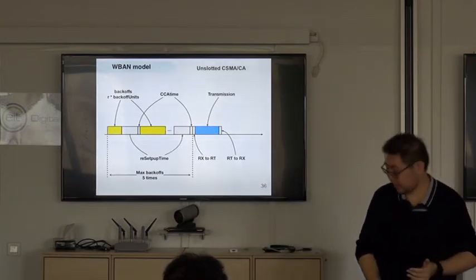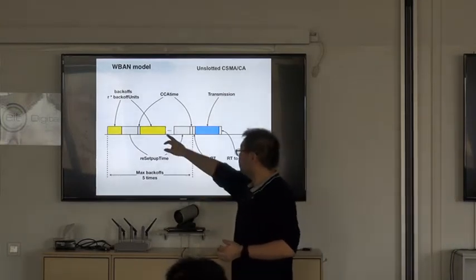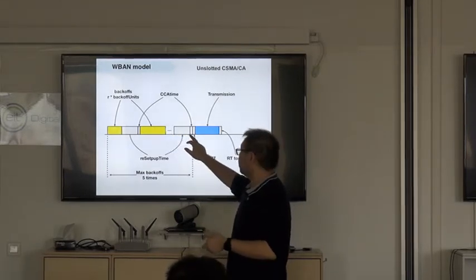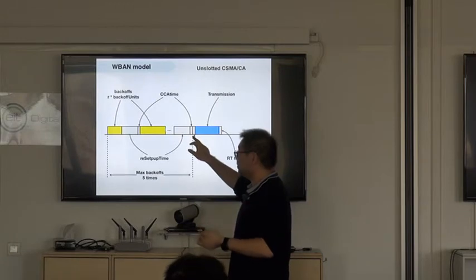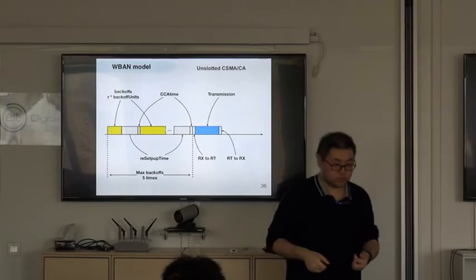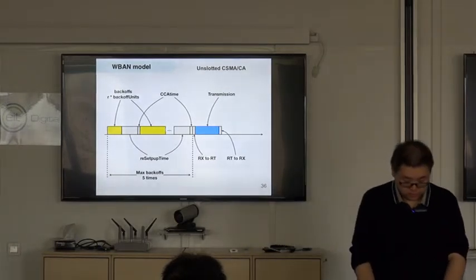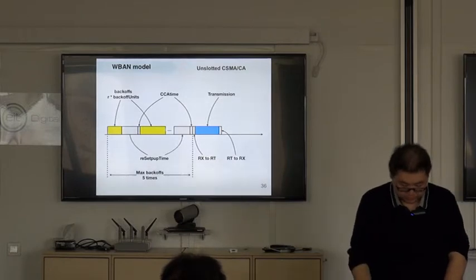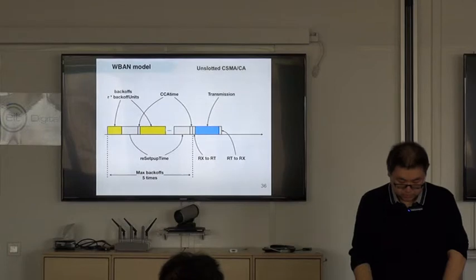After the timer finishes, the node will listen one more time to the channel, and if the channel is empty, it can send a message. If not, it retakes the timer. And we have a maximal number of timers. The maximal number of times the timer can be taken is 5, but we can modify this.